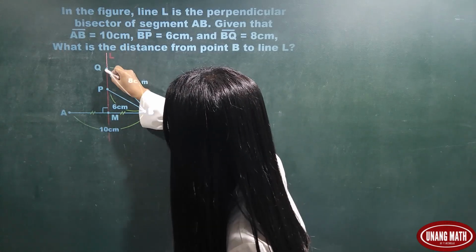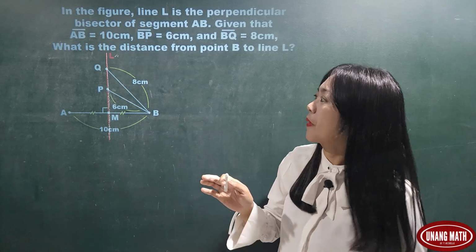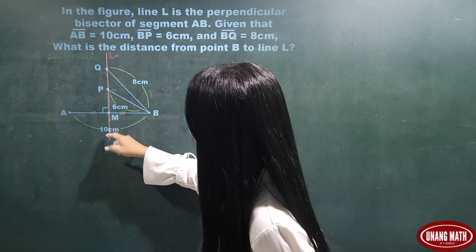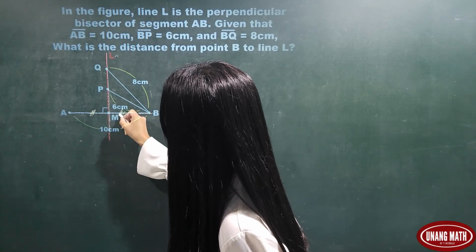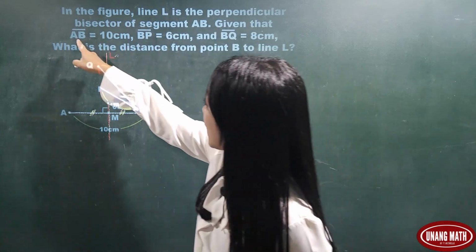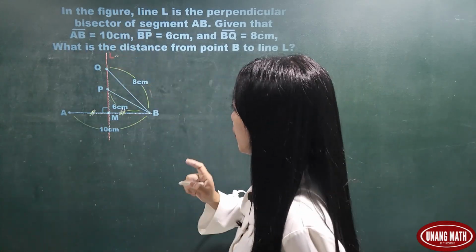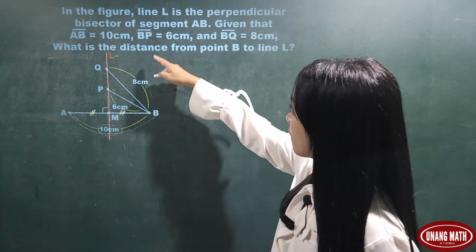This red line is our perpendicular bisector. It divides segment AB into equal lengths. According to the given, segment AB is 10 centimeters. So from here up to here is 10 centimeters.